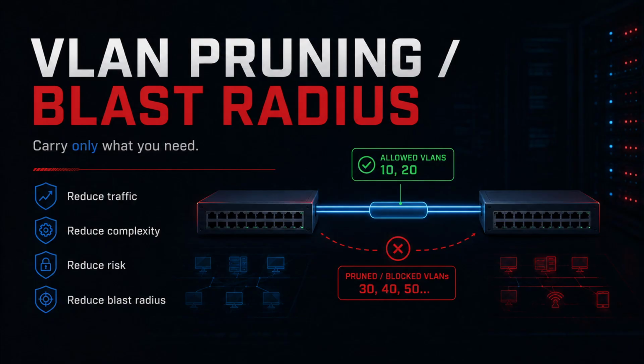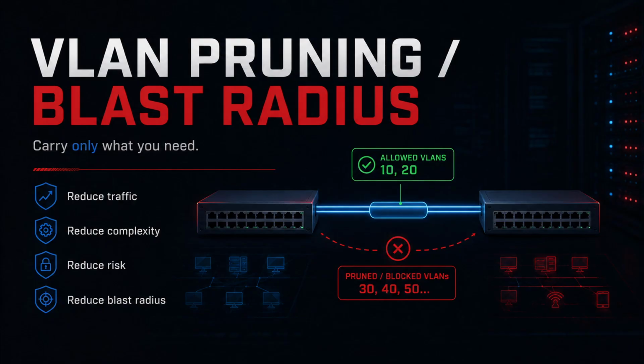The switch itself still has limited resources, right? CPU isn't unlimited, memory isn't unlimited, the control plane processing is not unlimited. And if one VLAN gets caught in a broadcast storm, that storm can consume the switch resources and affect the entire device.